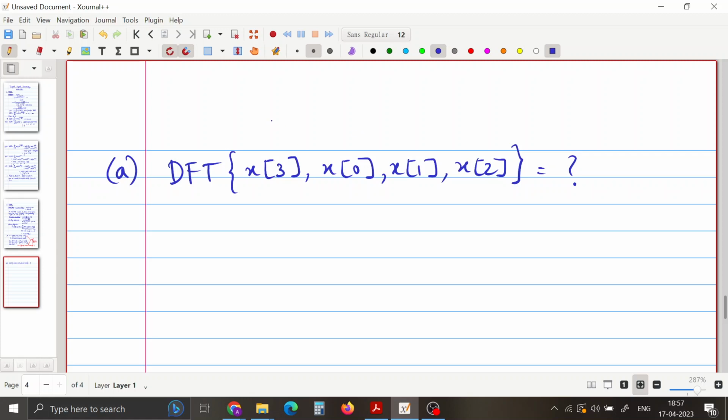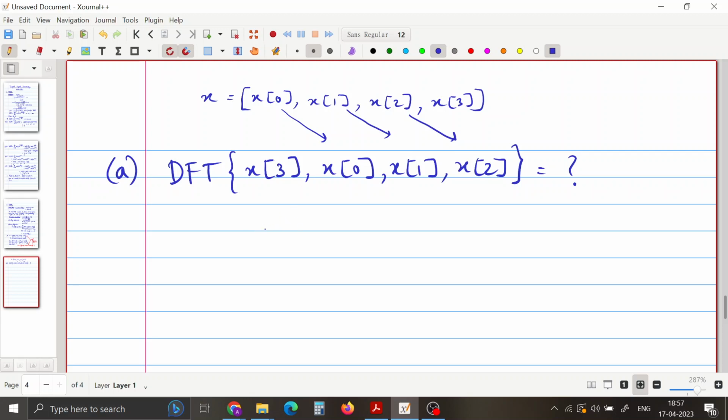Remember previously we originally had this sequence. You see all of them are getting shifted, and x of 3 will come back again to the first place, because it has to be periodic.